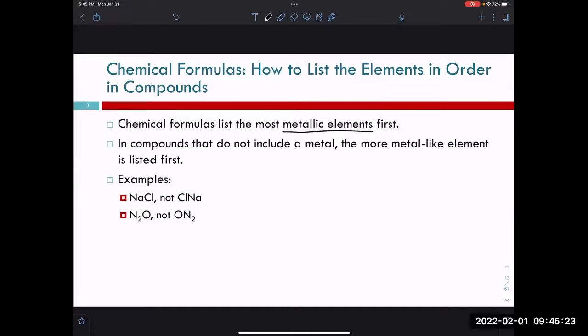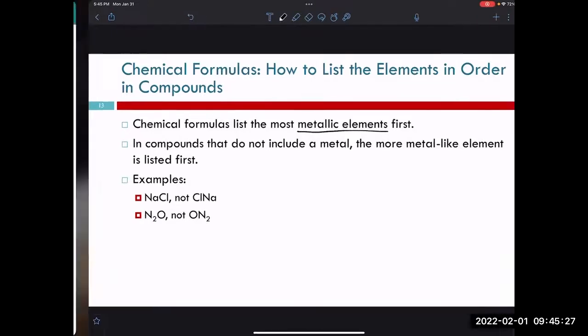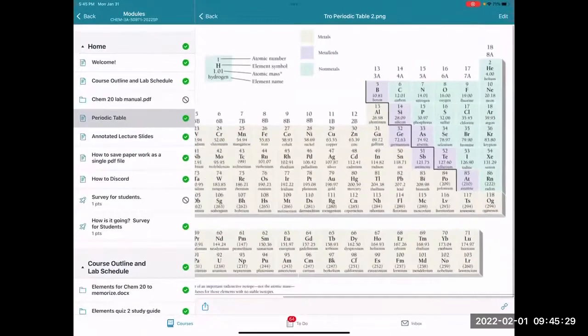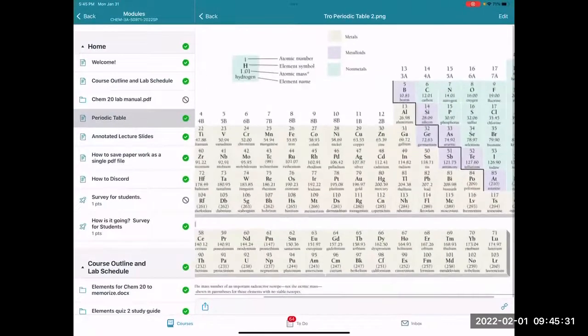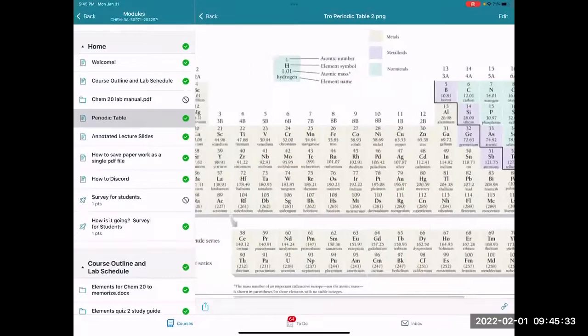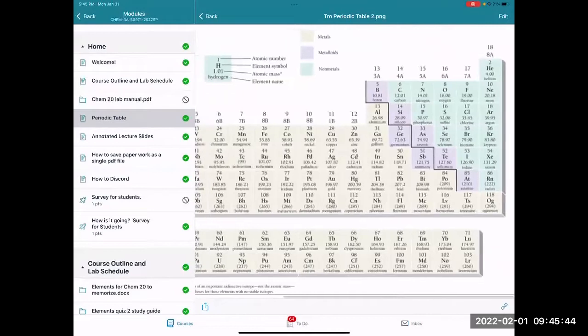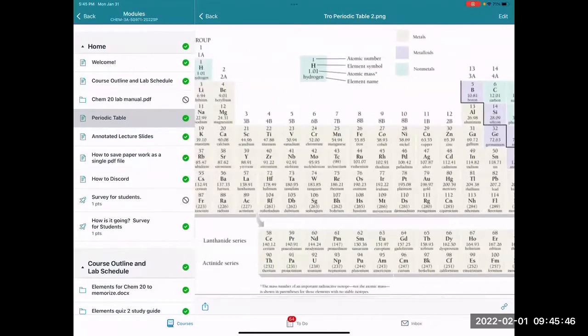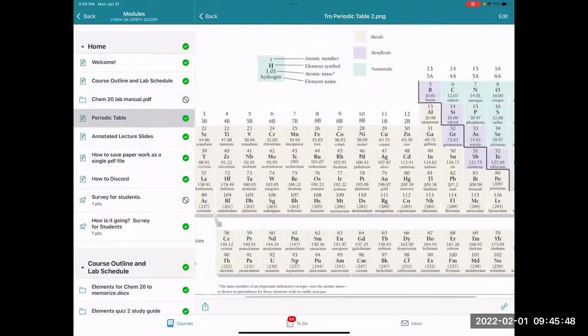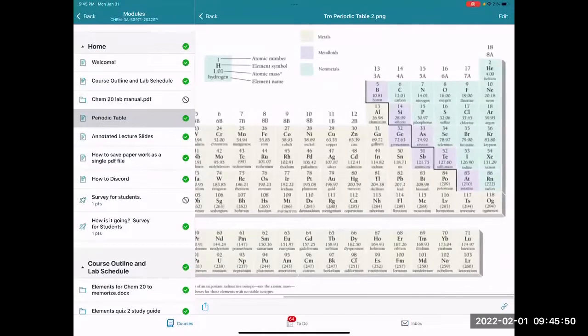If you remember from the periodic table, when we talked about patterns on the periodic table last week, all of these on the left side are metals. So the farther to the left it is, the more metallic it is. So if you get any of these elements, they'll go first. Then you'll put the nonmetals next, or metalloids as the case may be.